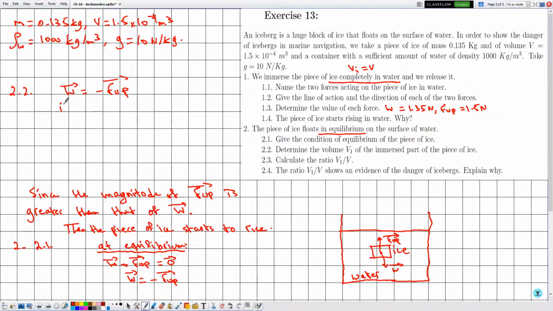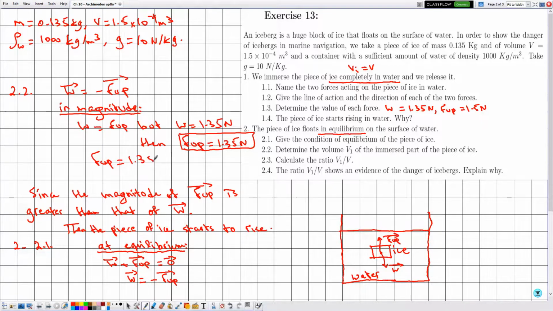So in magnitude, we have that W is equal to F upthrust, but the value of W is given by 1.35 newtons. Then the value of F upthrust is given by 1.35 newtons.